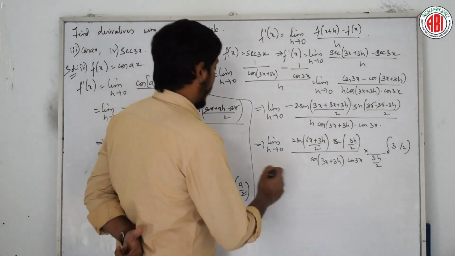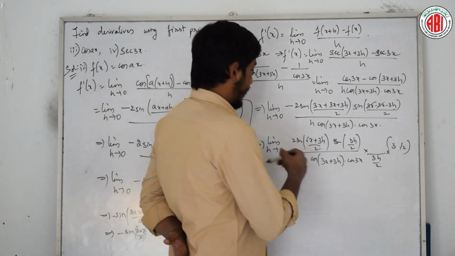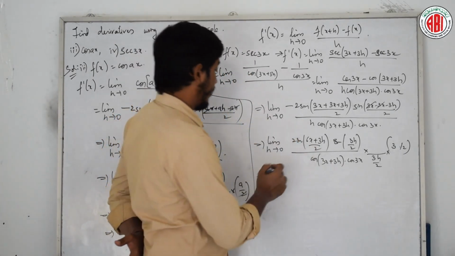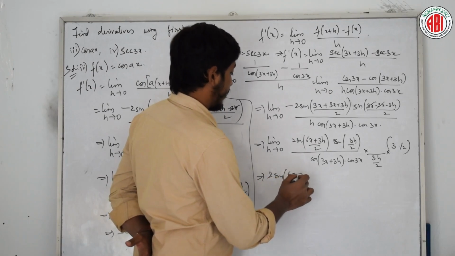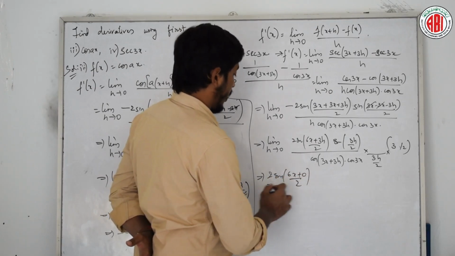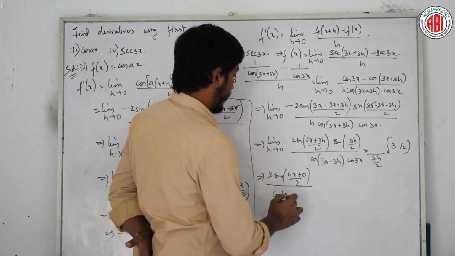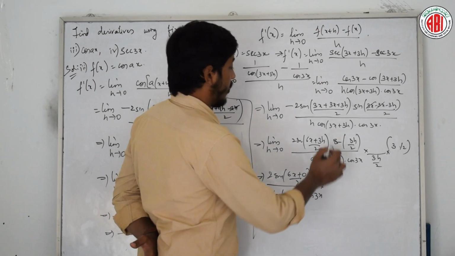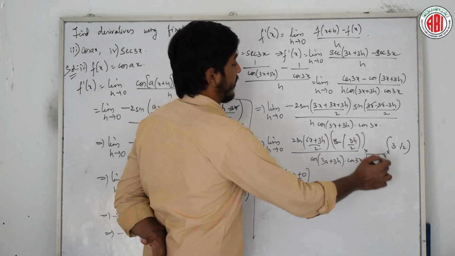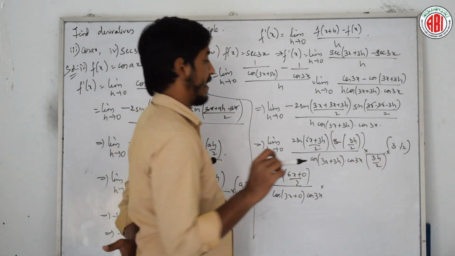Yes. Now see here, let us substitute h directly. 2 sine of (6x plus 0)/2 divided by cos (3x plus 0) cos 3x, into sine of 3h by 2 over 3h by 2, that is 1.